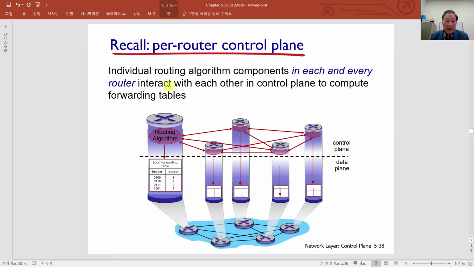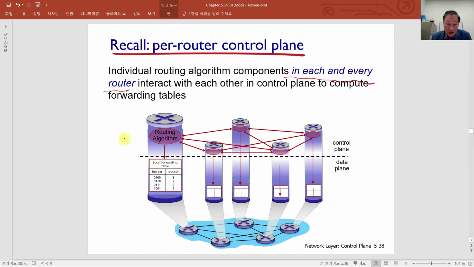This one explains the previous concept, the so-called traditional router. In that router, it is called the per-router control plane. The control scheme is embedded in each of these different routers. Let's look at this first. These are individual routing algorithm components in each and every router.